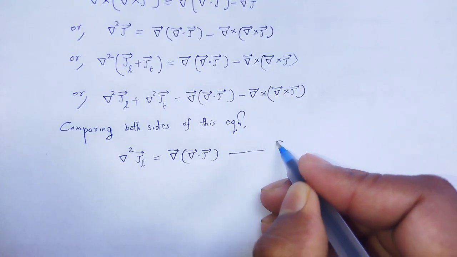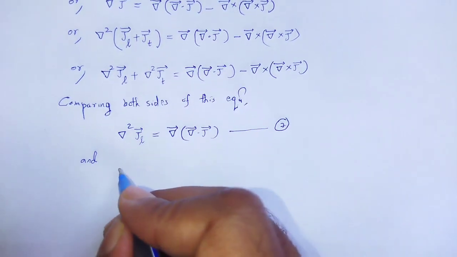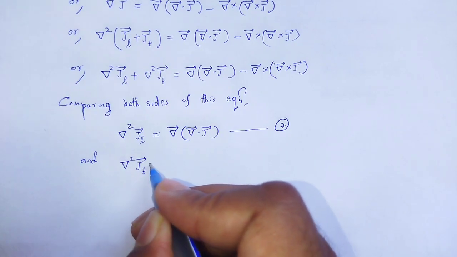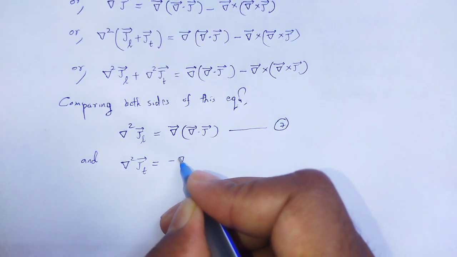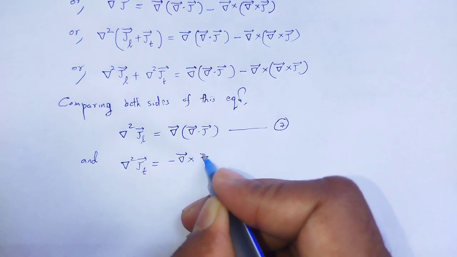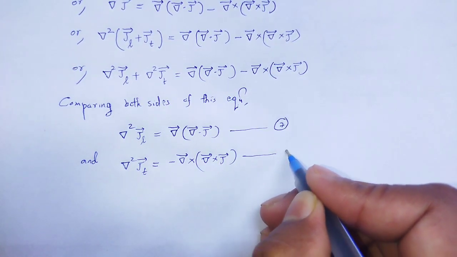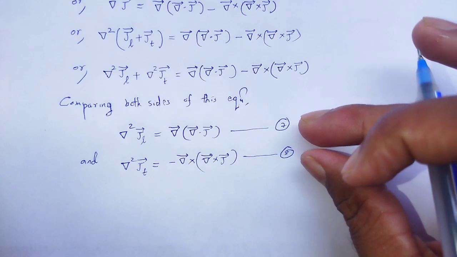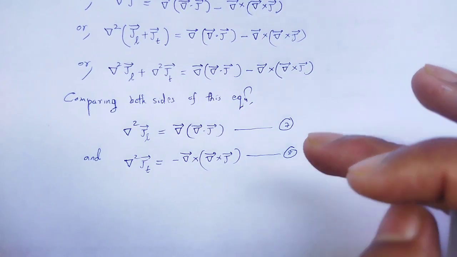Equation number 7. And grad square of the transverse component of the current density is equal to minus grad cross grad cross j. Clearly look at these two equations, named equation number 7 and equation number 8.